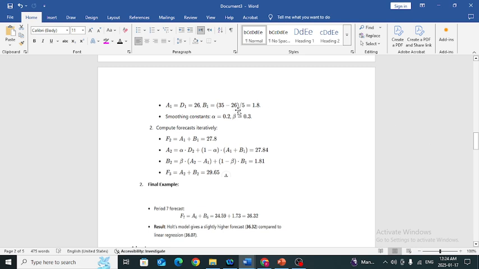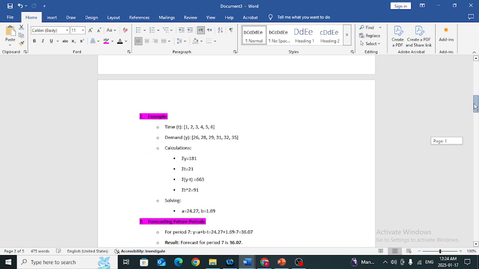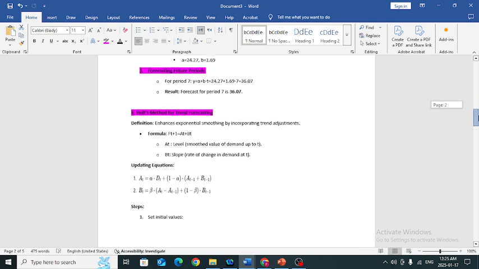35 minus 26, the first one and the last one. So the first one minus the last one is divided by 5, because we have five data points for calculating.